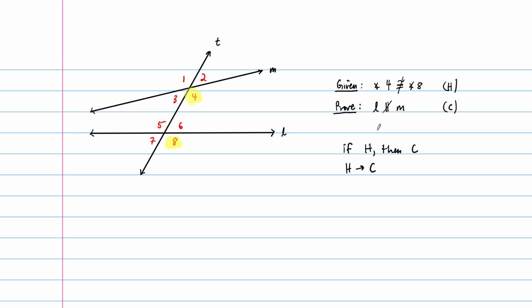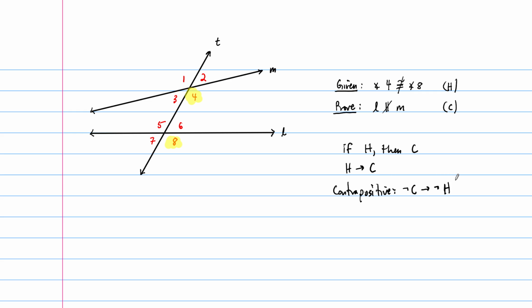Remember that these logical conditionals have a property called the contrapositive. The contrapositive of this statement, remember how it works, negates both of them and changes the order. So this is going to be not C implies not H. If you negate the conclusion, then it implies that the hypothesis was not true.